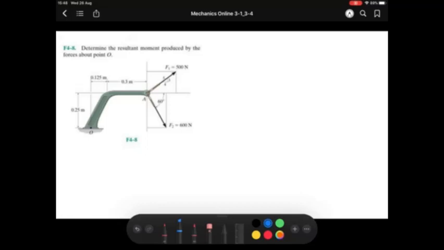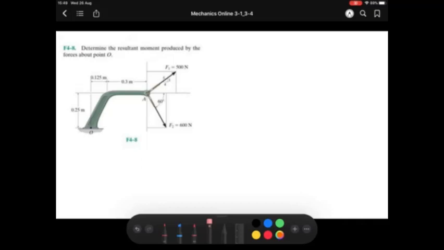Because the cross product says that if you have two vectors and cross them together, it is equal to the magnitude of those two vectors times the sine of the angle between them. So you can use it as a matrix as well. Let's see this example from Hibbeler, number 4-8.